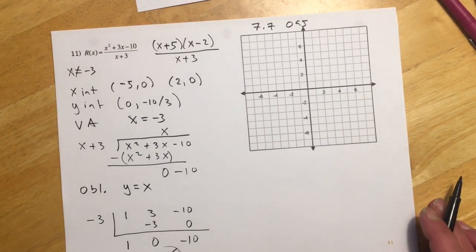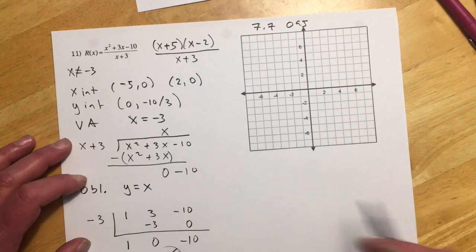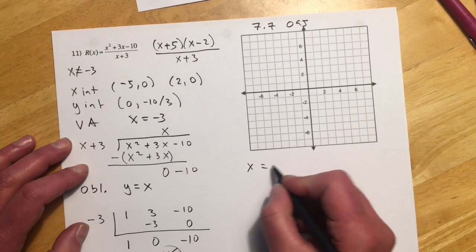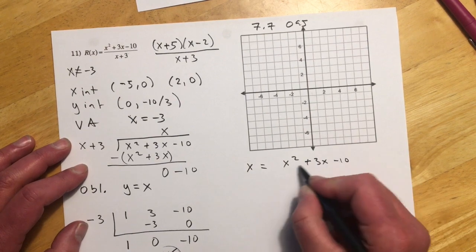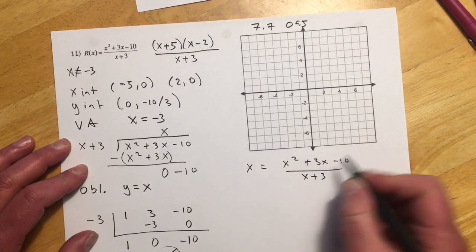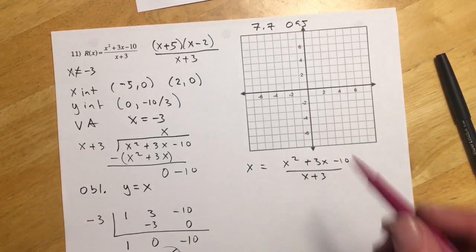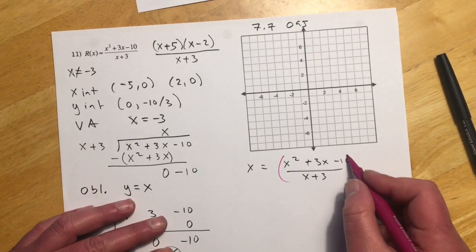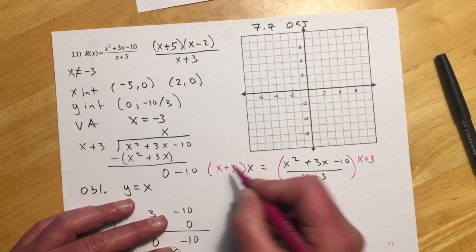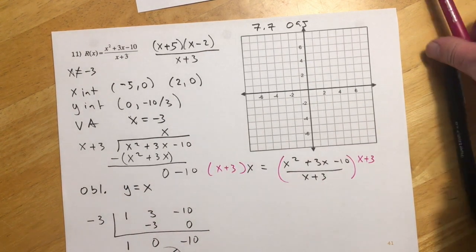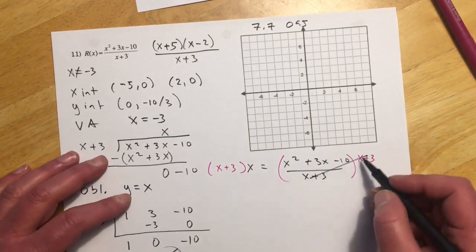The other thing we need to do is see if our oblique is crossed. So we're going to set x equal to x squared plus 3x minus 10 over x plus 3, and we will multiply both sides by x plus 3. And those cancel.